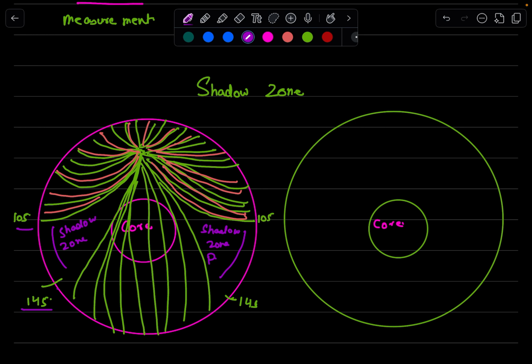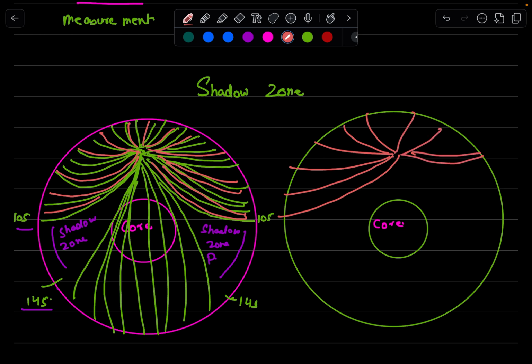S waves, as you have seen, are only occurring till 105. So S waves have a larger shadow zone compared to the P waves, because S waves are only and only available till 105 degrees. After that, the entire zone is not registering S waves. So this is the S wave shadow zone.